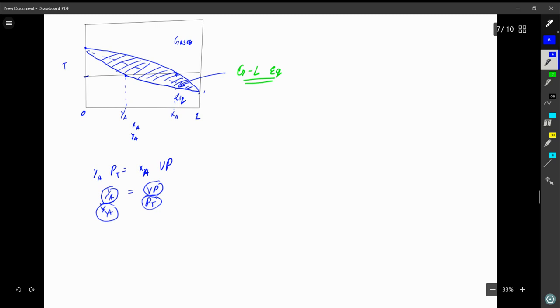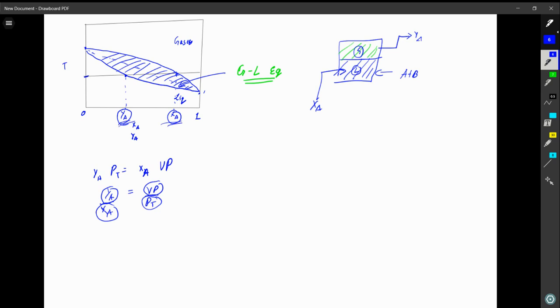Now, what is this Y and what is this Xa? If there's a system with liquid and gas of A plus B, then the composition in the liquid is XA and the composition in the gas is YA. That is given from this graph.